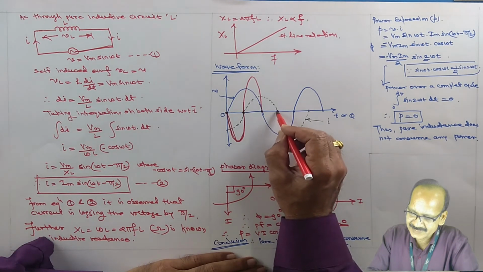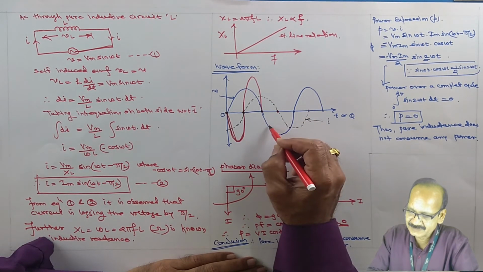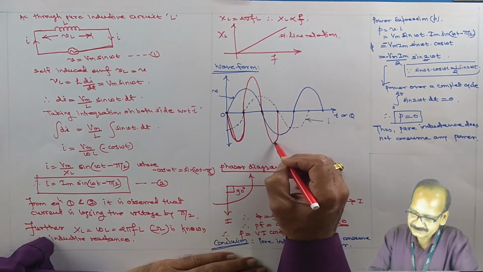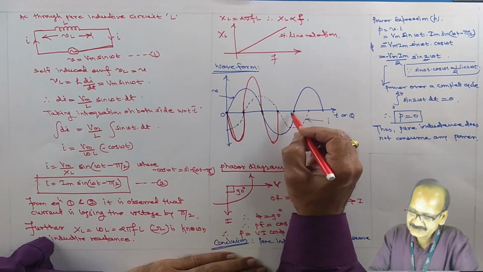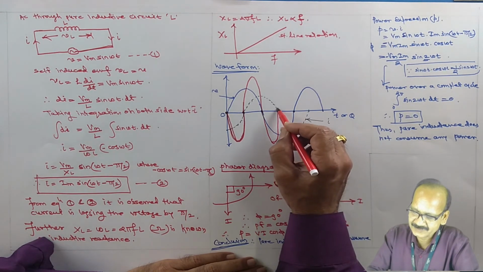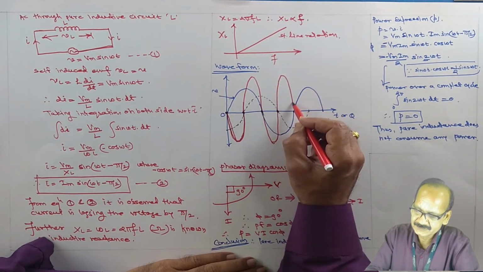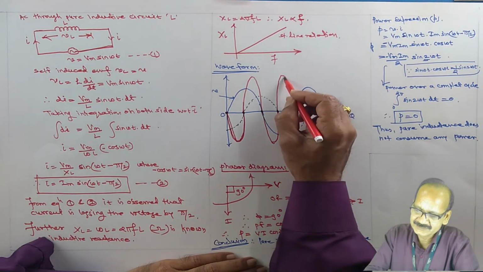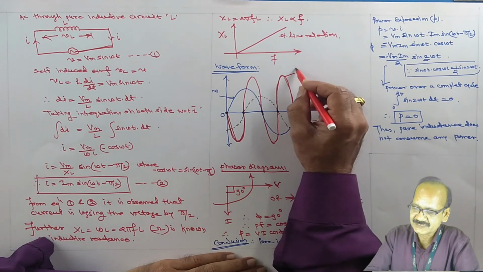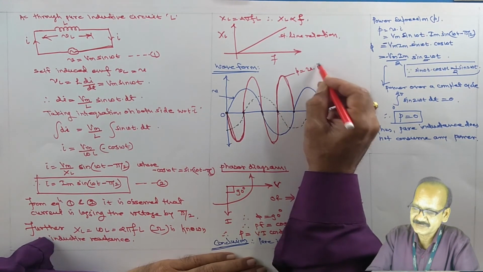From this to this band, current is positive but voltage is negative, and therefore their product is negative. In this band, both current and voltage are positive, and therefore their product is positive. So when the voltage completes one cycle, the power waveform completes two cycles, P equal to small v into i.